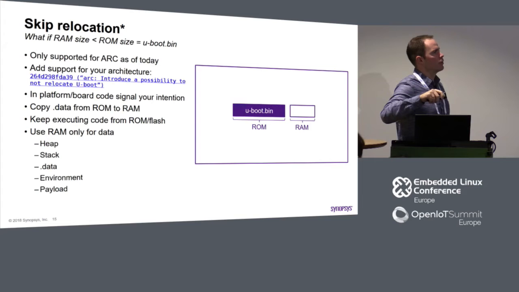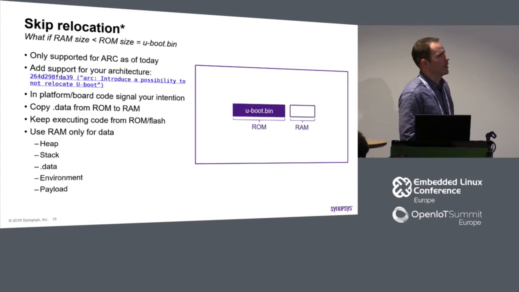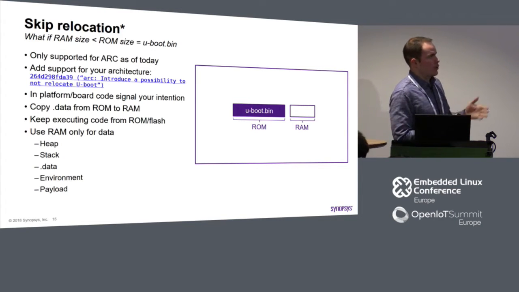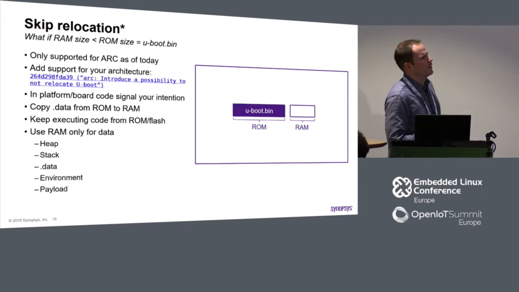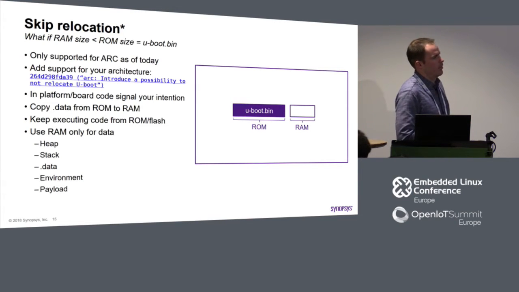Again, if you download these slides, you may find the link to all the changes I had to do. Actually, not that many, but anyway, that had to be done. So once we have that modification, we signal in our platform code that we don't want to do that relocation, and we will only do some data copy later on, and then we may execute from real ROM.